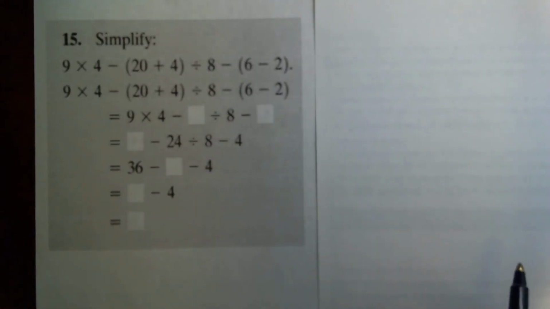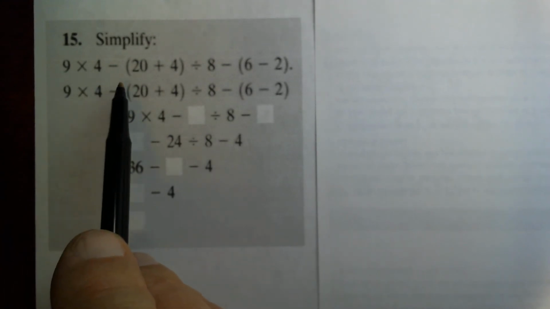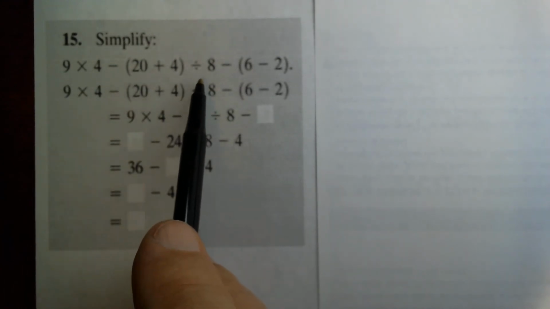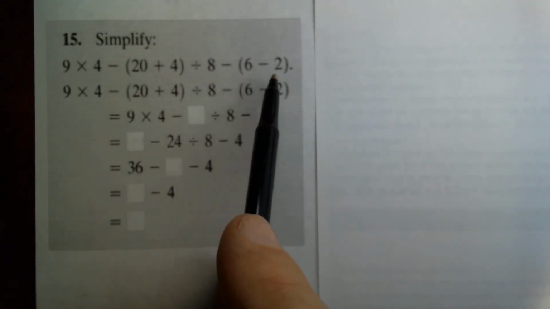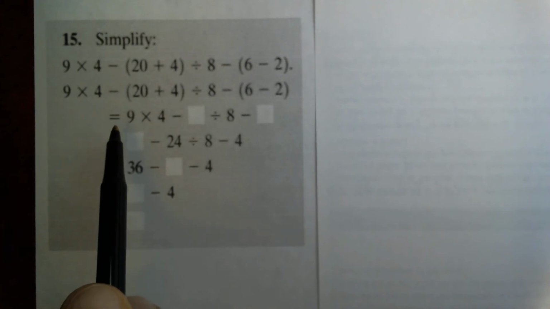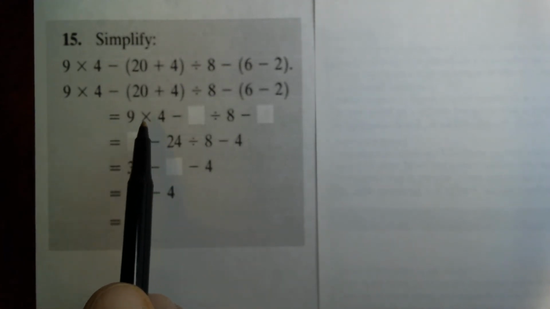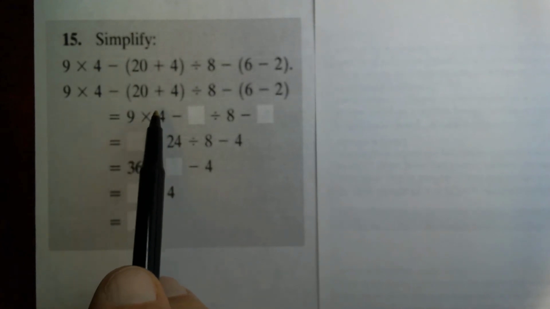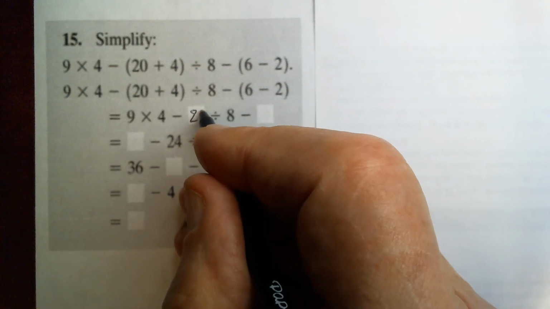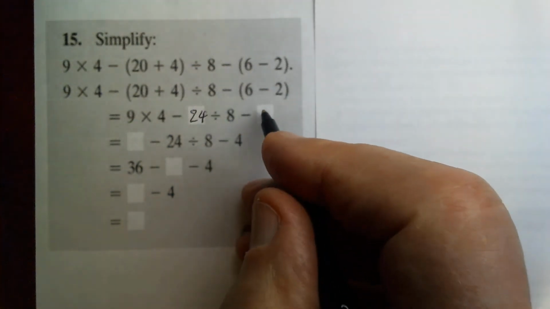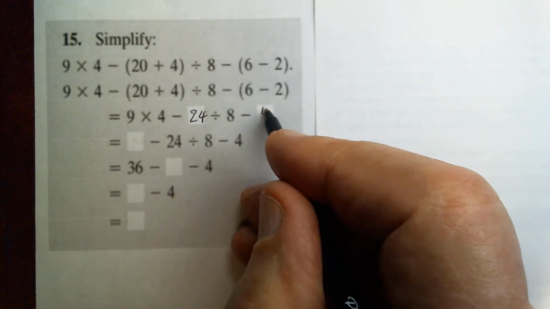In the guided solution number 15, we are supposed to simplify the expression 9 times 4 minus 20 plus 4 divided by 8 minus 6 minus 2. So 9 times 4, and then we do the expression in parentheses. So 20 plus 4 is 24. And here the expression in parentheses is 6 minus 2, that's equal to 4.